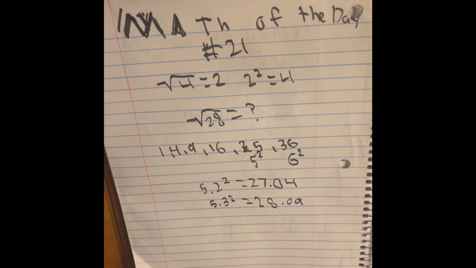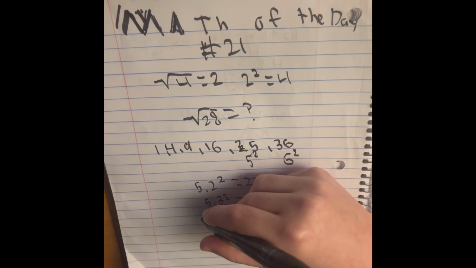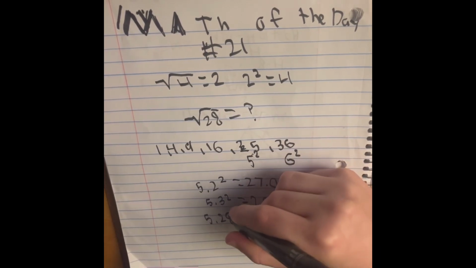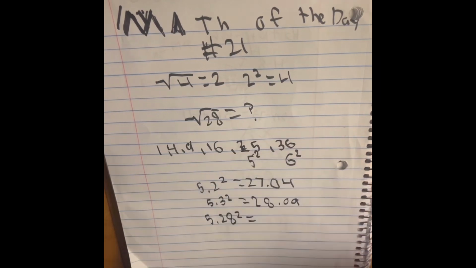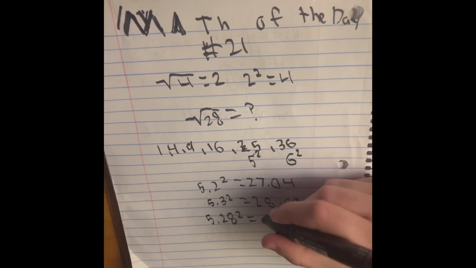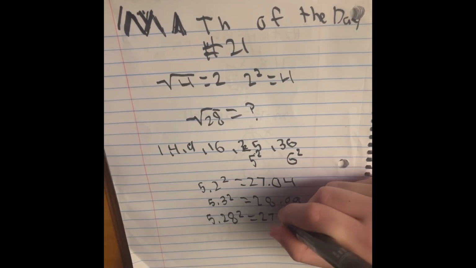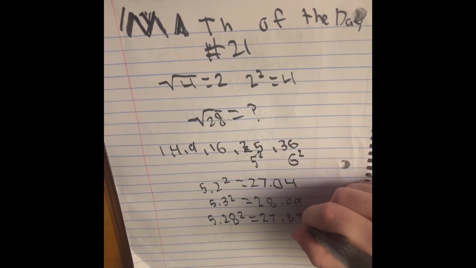But now we're going to bring it to one more degree of accuracy with putting in the 100th digit. Since 28 is a lot closer to 5.3 squared, let's try 5.28, which equals 27.2784.